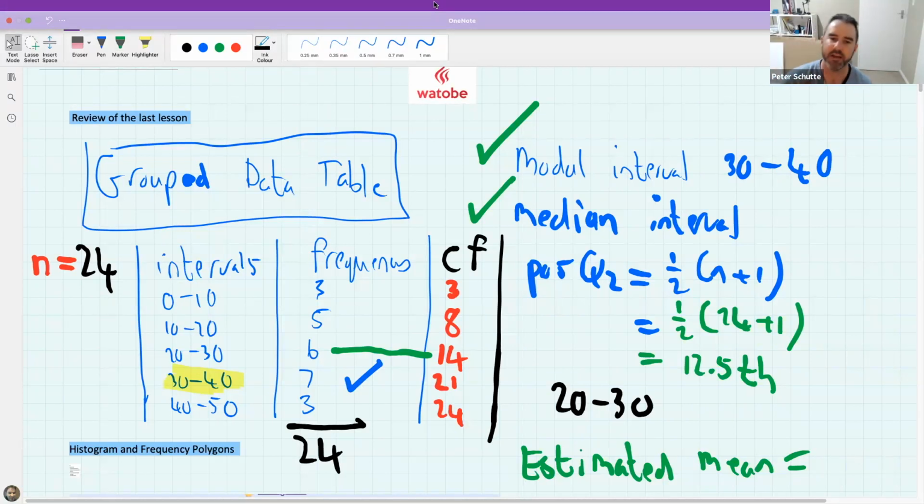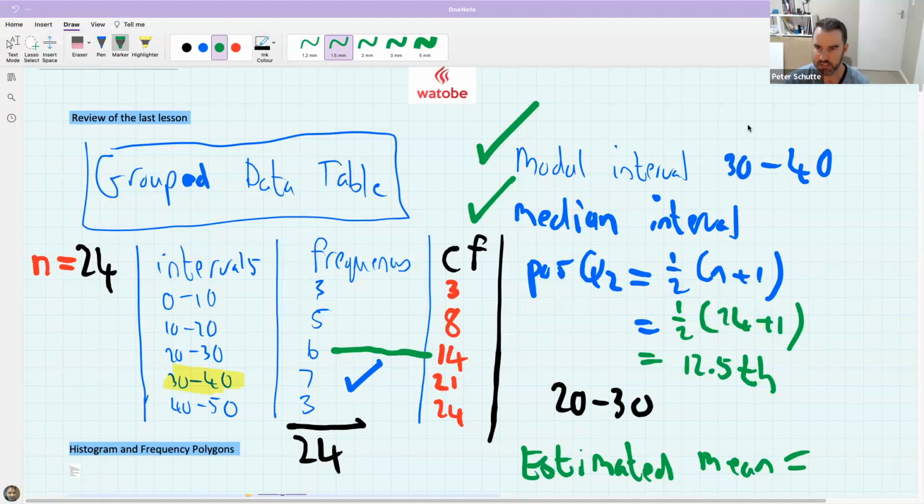The median. Okay. So what I did was I looked at how many items. Are you happy that there are 24 items in this example that I gave you? Yes, sir. Okay, now we use a formula called the position formula for the median, which is a half times n plus 1. And that's not the median, it's simply the position. So I put 24 for my n.